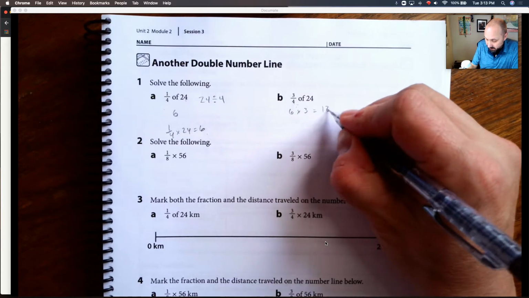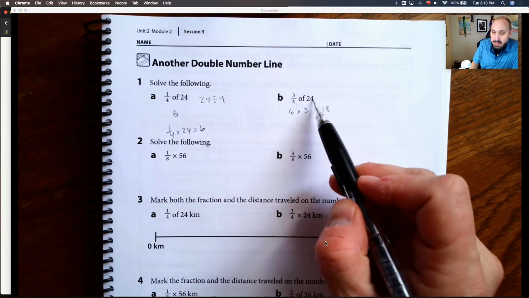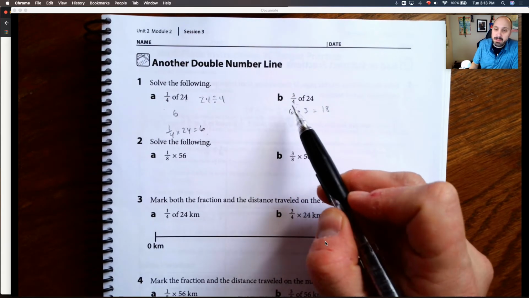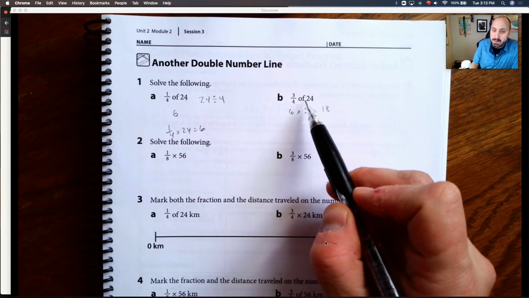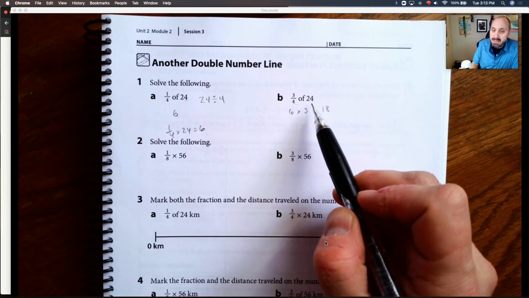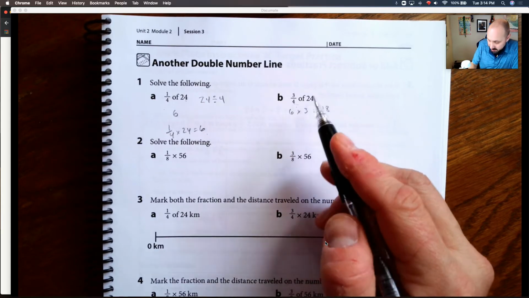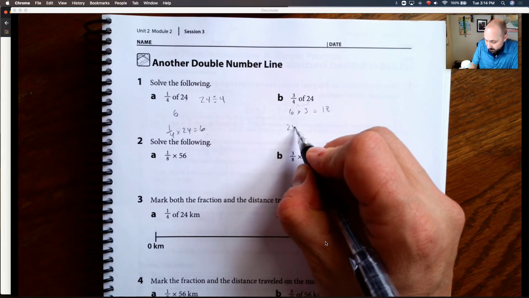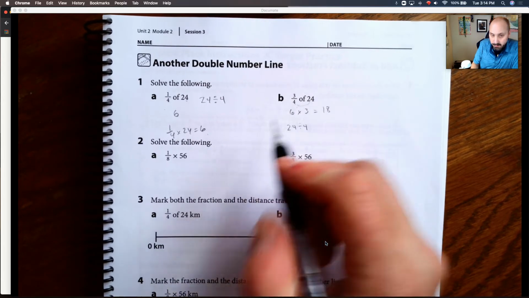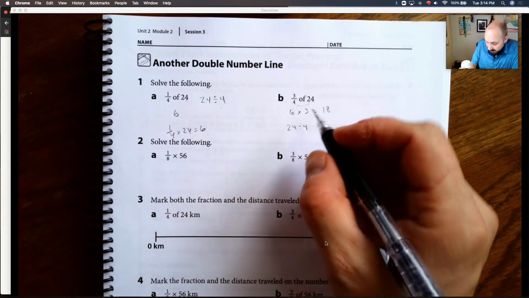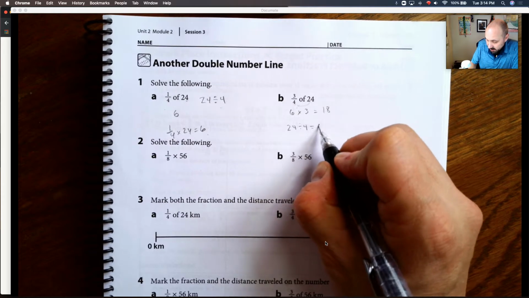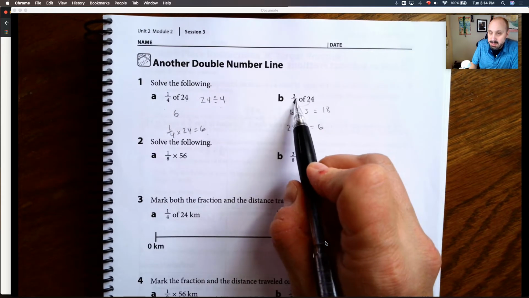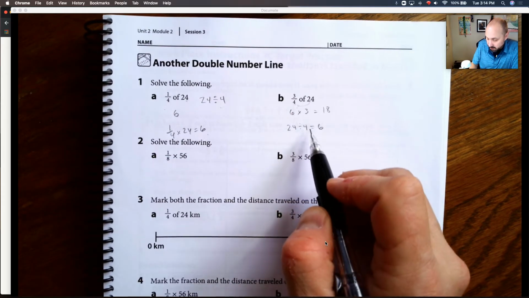And let me show you a trick for that. So when we want to find, let's say 3/4 of 24, or 3/4 times 24, what that's asking us to do is simply divide 24 by 4 again, just like we did for the fourth. And then we're going to get 6, and then you just multiply the numerator to the 6, just like we did here.